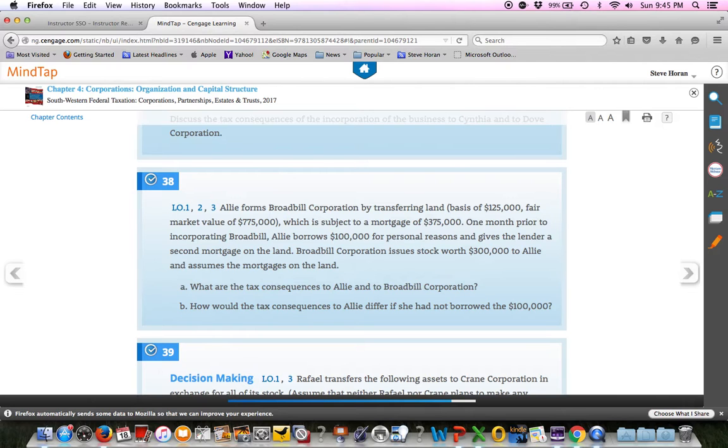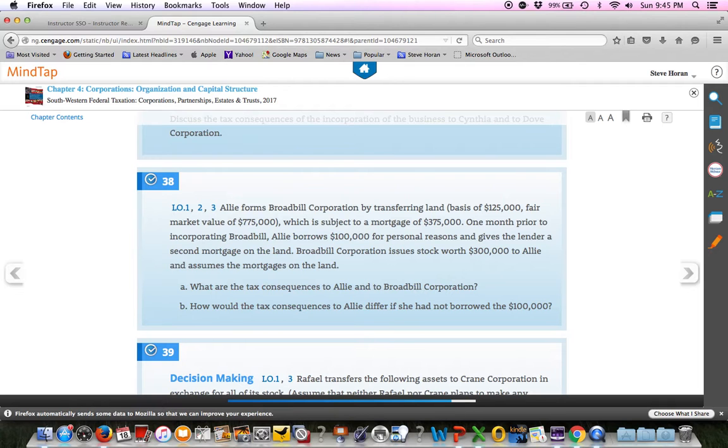Because she also borrowed $100,000 before incorporating and used the funds for personal reasons, Section 357B applies. Section 357B causes all liabilities to be tainted, so therefore Allie has boot of $475,000.